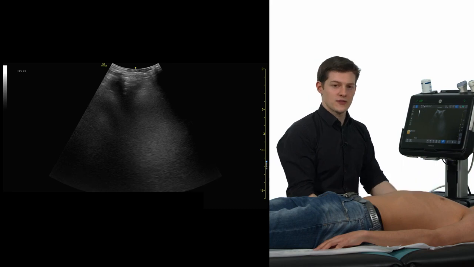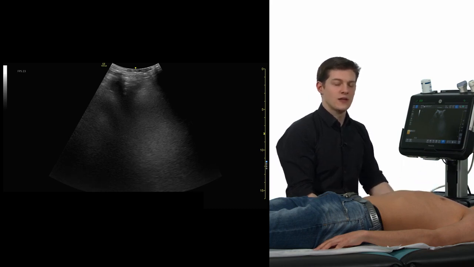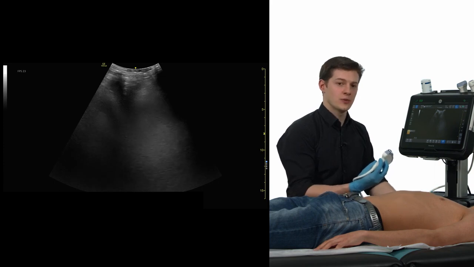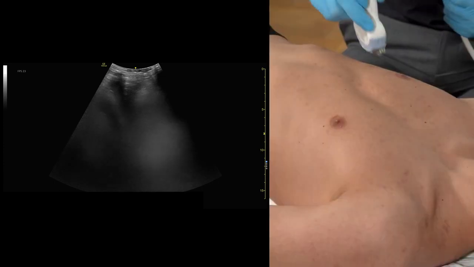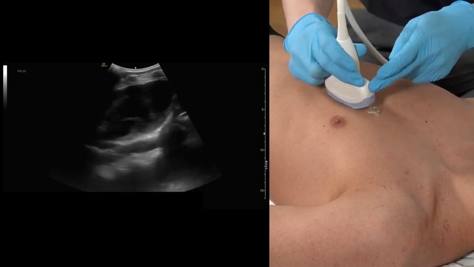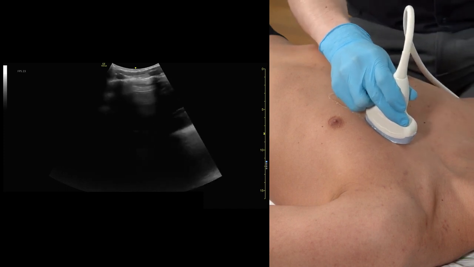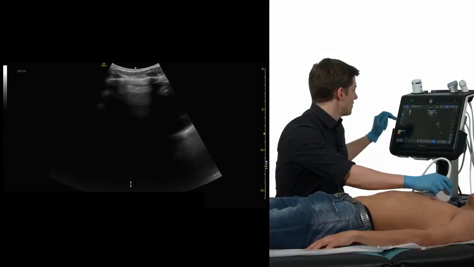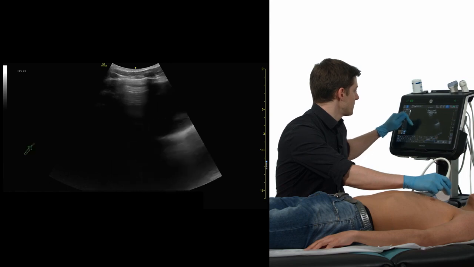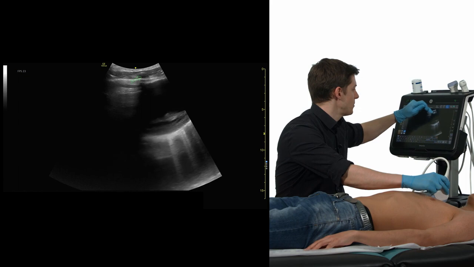If you are using ultrasound to evaluate if the patient has a pneumothorax, you can use either a convex probe or a linear probe, and you place the transducer on the highest point of the thorax, marker pointing cranially, and then we look for two ribs, so rib and rib shadow, rib and rib shadow.